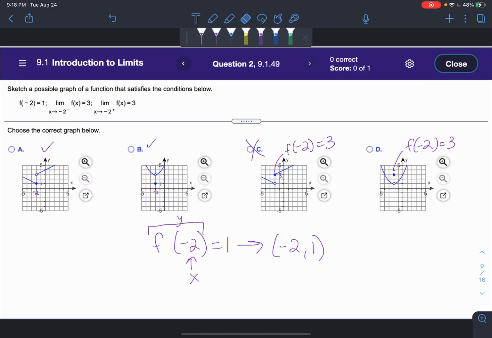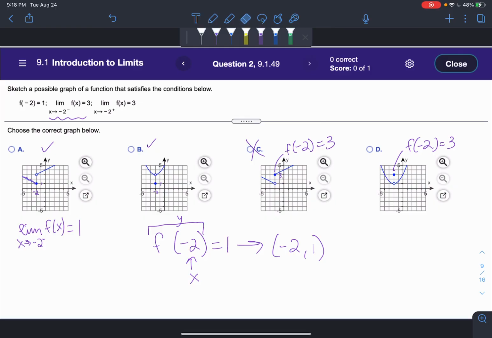So we want to see what happens to my function as I approach negative 2 from the left. So I'm going to start from the left, head to the right towards -2, I see my function is going towards the value 1. So the limit as x goes to -2 from the left of f of x is 1. Okay, so that can't be it because it should be 3.